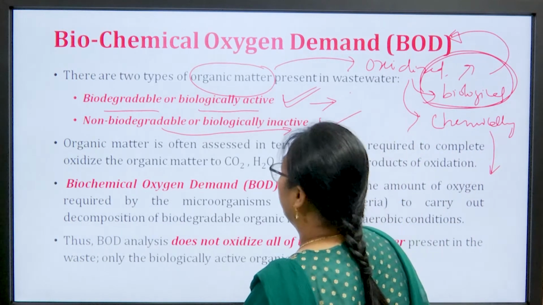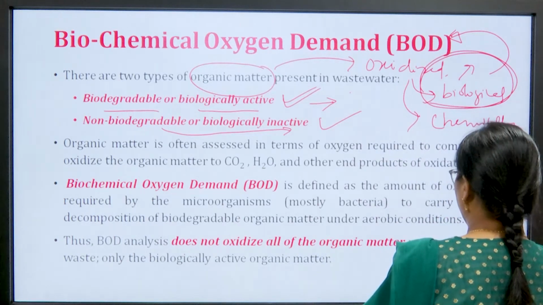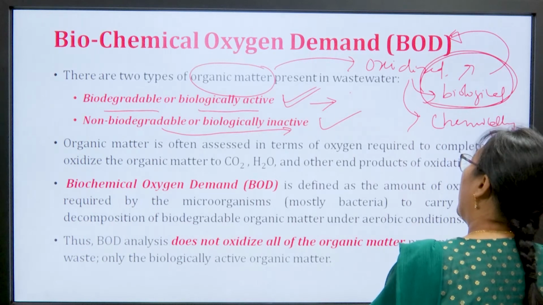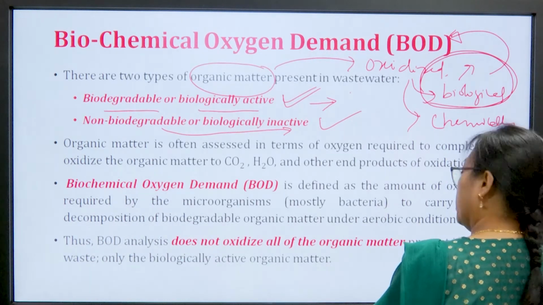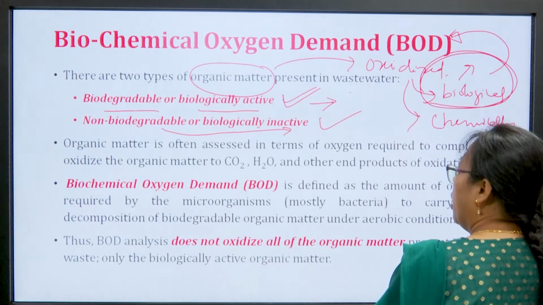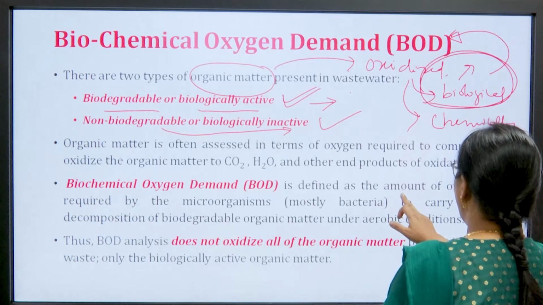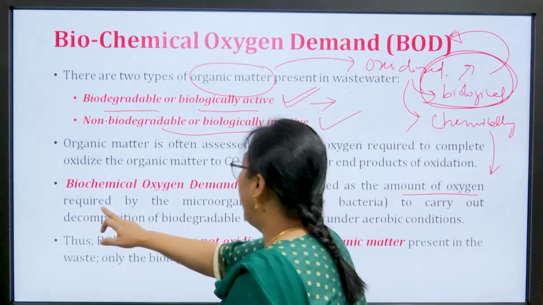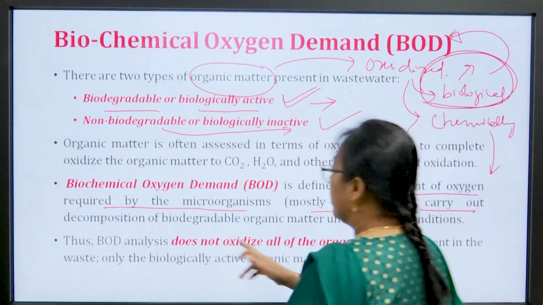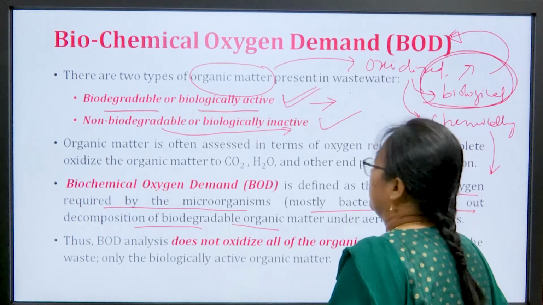So, what is BOD? The organic matter is often assessed in terms of oxygen required to completely oxidize the organic matter to carbon dioxide, water and other end products of oxidation. So, what is BOD? Biochemical oxygen demand or BOD is defined as the amount of oxygen required by microorganisms, mostly bacteria, to carry out decomposition of biodegradable organic matter under aerobic conditions, right.